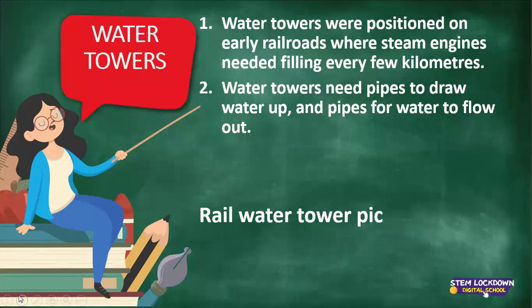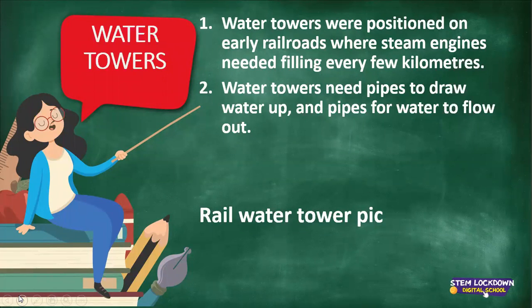Water towers need pipes to draw water, and the water needs to flow. You can close your eyes and imagine a big water tower up high. Because it's high up, you're not going to be able to touch it to close or open the tap.